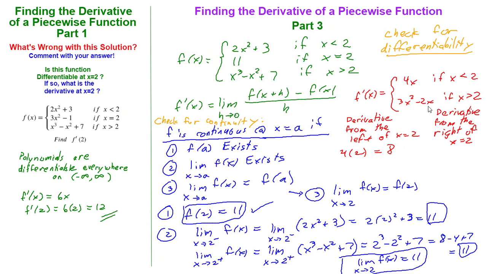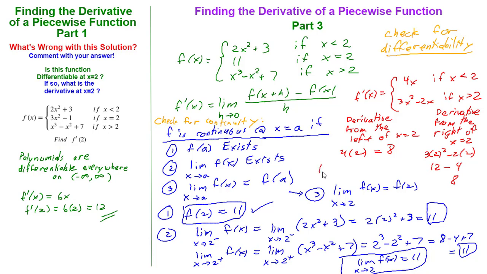So the derivative from the right, we can use this expression: 3 times 2 squared minus 2 times 2. So this is 2 squared or 4 times 3 would be 12 minus 4 or 8. So the derivative from the left and the derivative from the right are equal to each other.